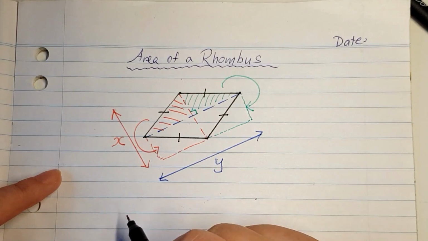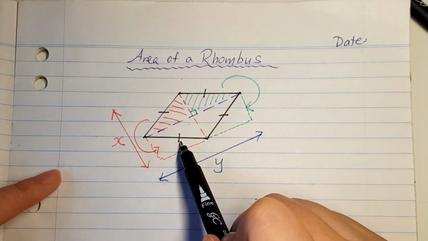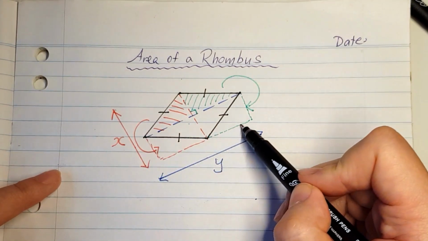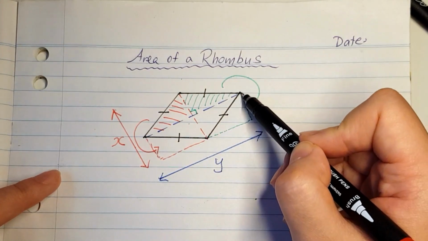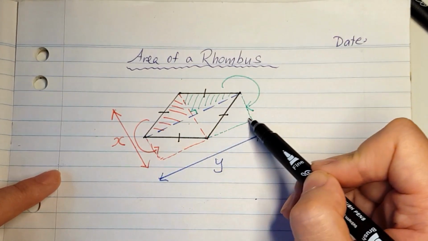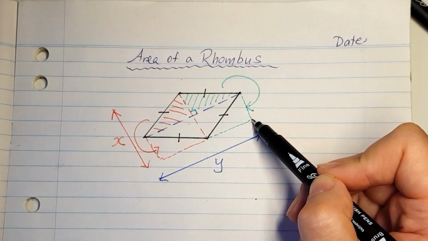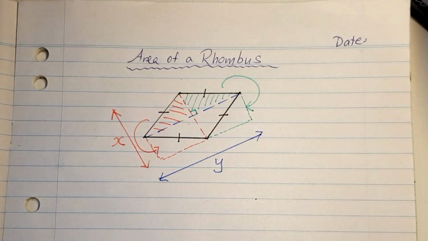And now you can see that once you have taken these pieces and put them on the other side, you have now got a rectangle. So I have rearranged the pieces of a rhombus to form a rectangle. And we all know what the formula for the area of a rectangle is, and that's just length times width.